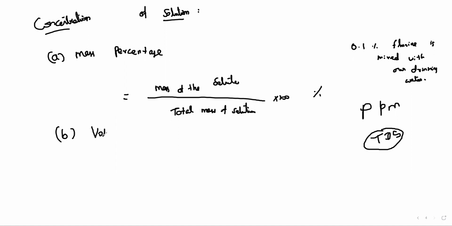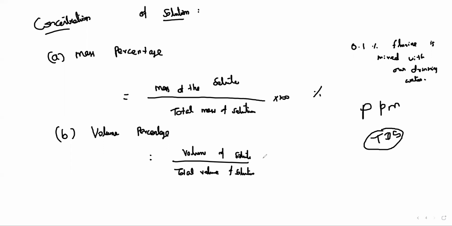And we can also express it by using volume percentage. So volume percentage is the same thing. So in total volume of solution, the volume of solute into 100, like that you can express.